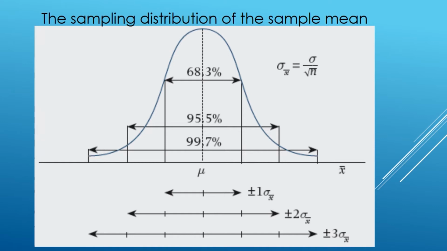If we move 2 standard deviations above and below the mean, then we should cover about 95.5% of the data. If we move 3 standard deviations above and below the mean, then we should cover about 99.7% of the data.